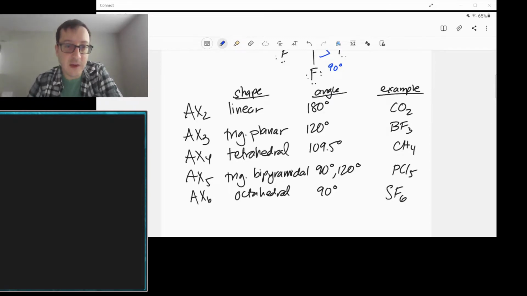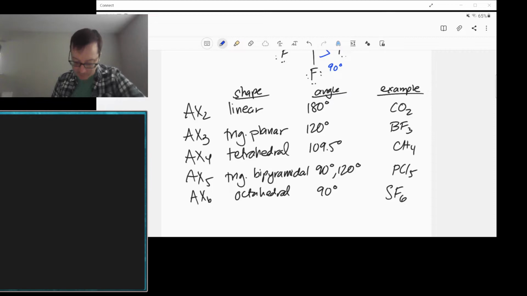Notice we have somewhat omitted all the cases with lone pairs. So we've been a little bit incomplete in our exploration of shapes.